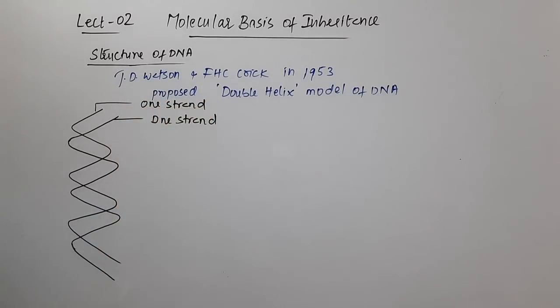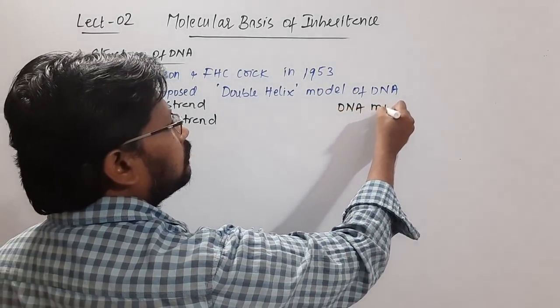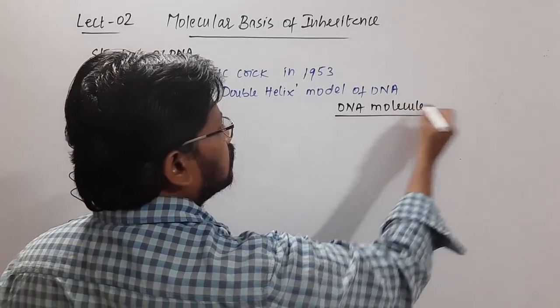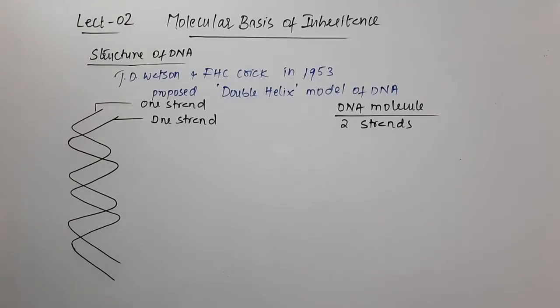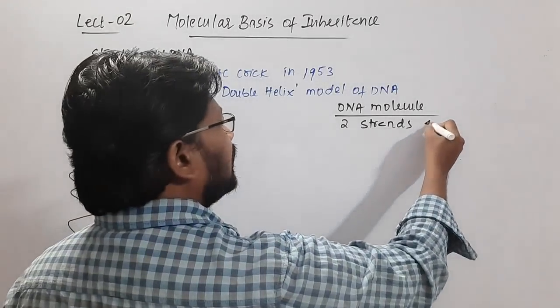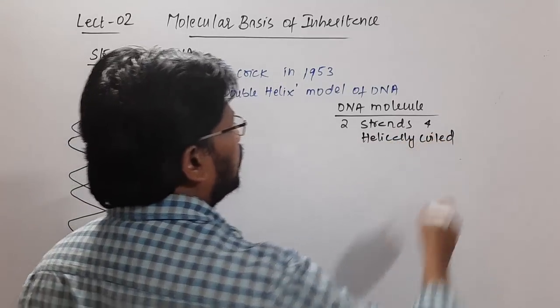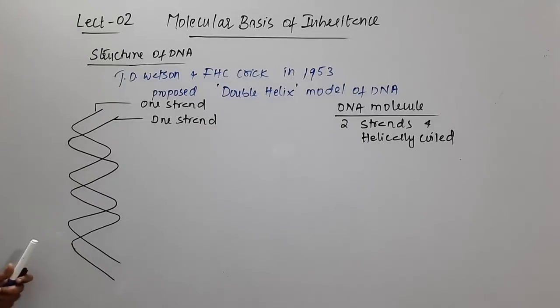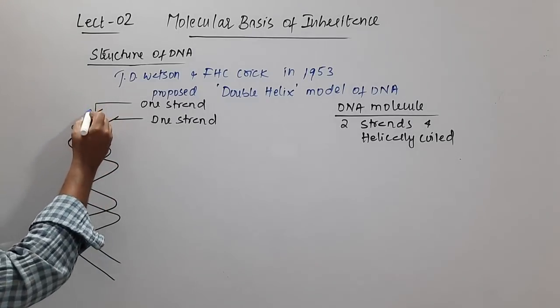So in the double helix model, the DNA molecule has two strands, and they are helically coiled. You can see here the DNA molecule is helically coiled, and these two strands are connected by the nitrogen bases.